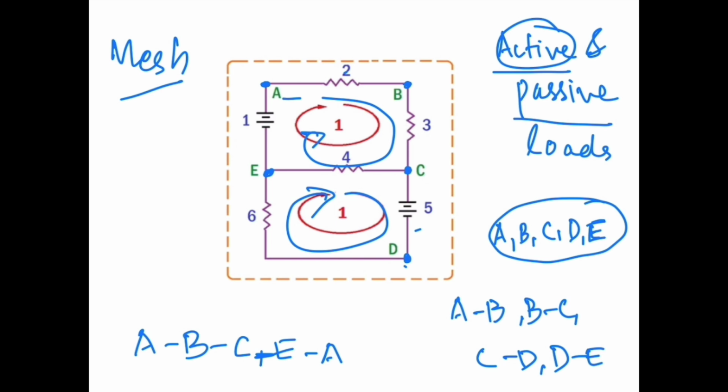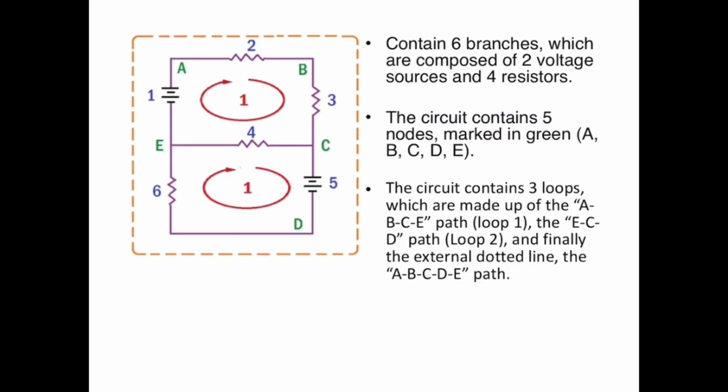I hope you are clear with what a node, branch, mesh, and loop are. Here in this circuit we have six branches, composed of two voltage sources and four resistors, and the circuit also contains five nodes marked in green: A, B, C, D, and E, and it contains three loops.